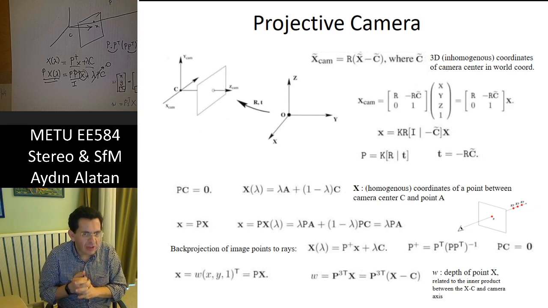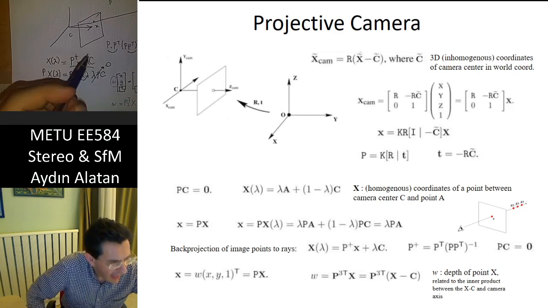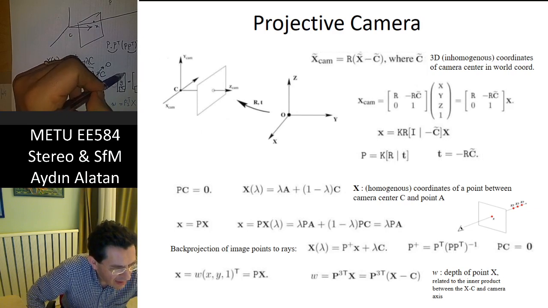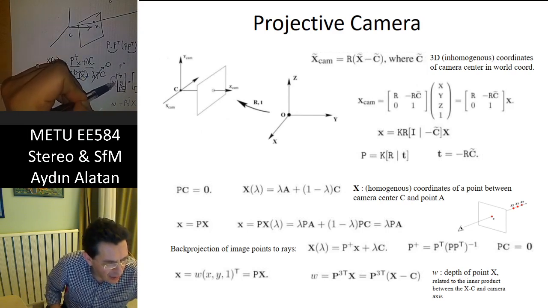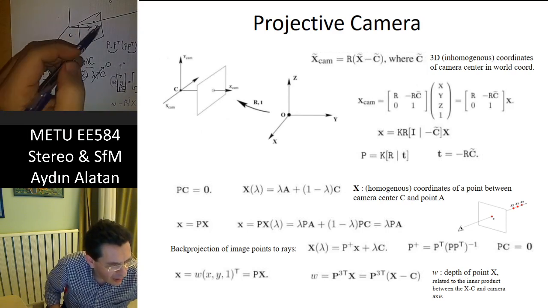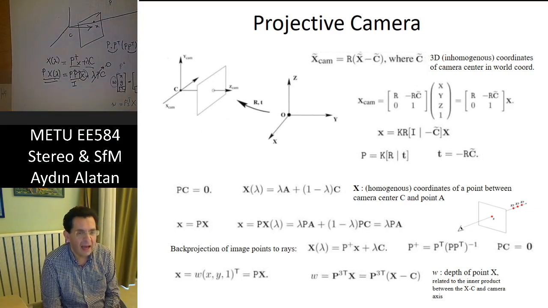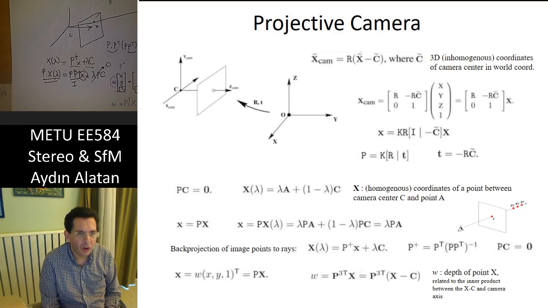We have seen that x, y, and 1 is a point representation in P2. As soon as you have this W, this W also controls the point on this ray, and depending on the value of this W, you are talking about the depth of the point X.